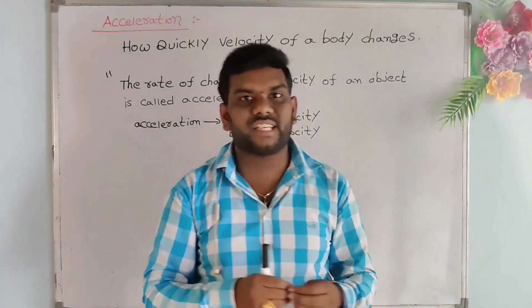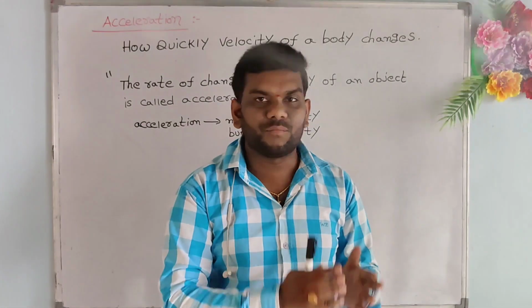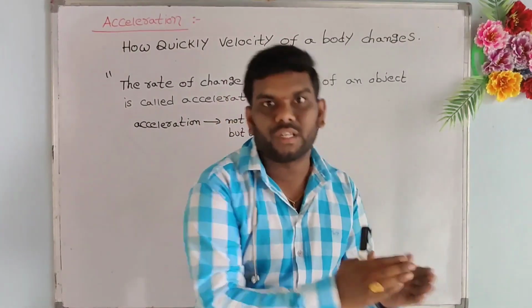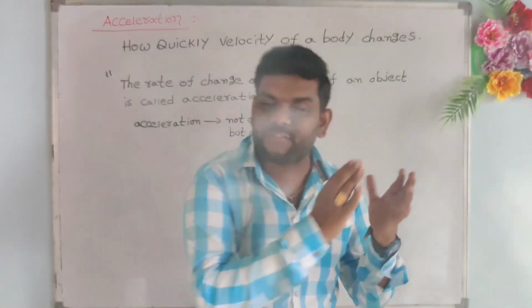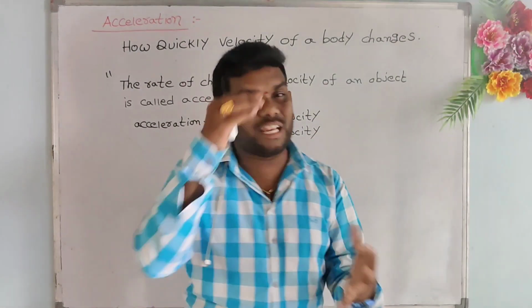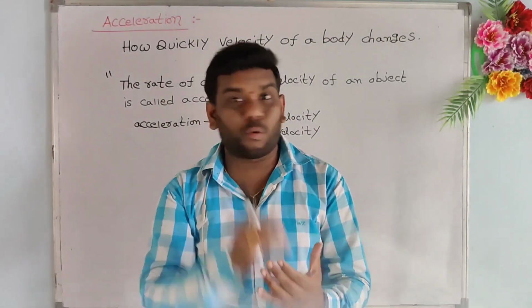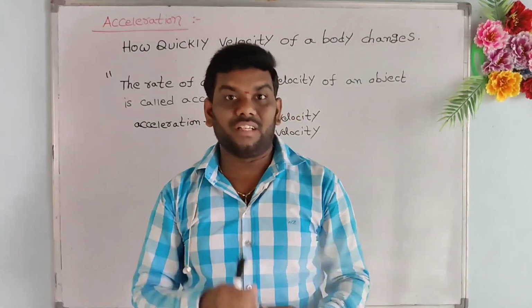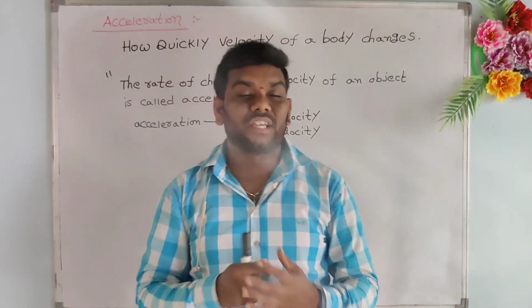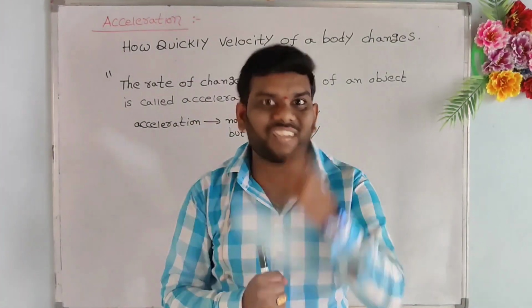What is time changes? For example, starting, the train traveling from Palakollu to Bhimavaram. In Palakollu, the train at position A has initial velocity U. Initial velocity means starting velocity.